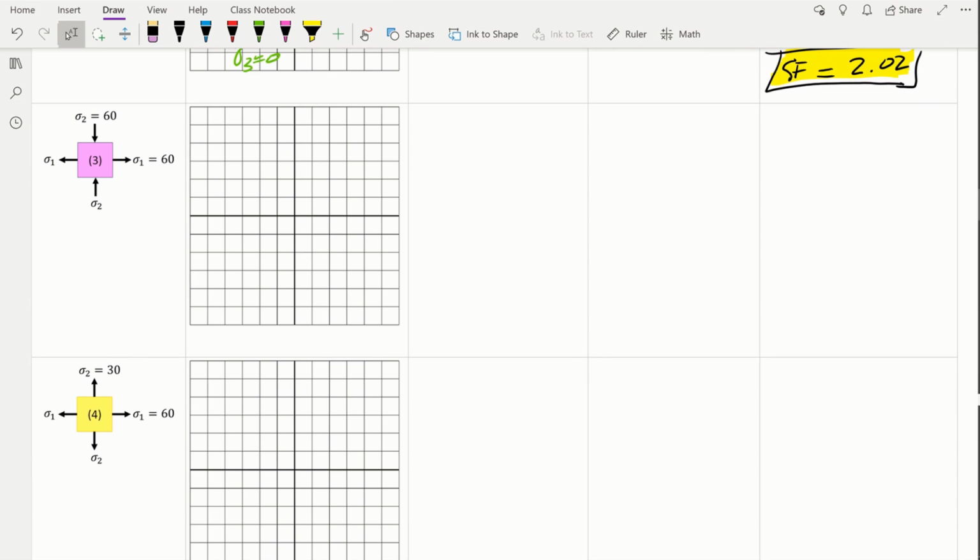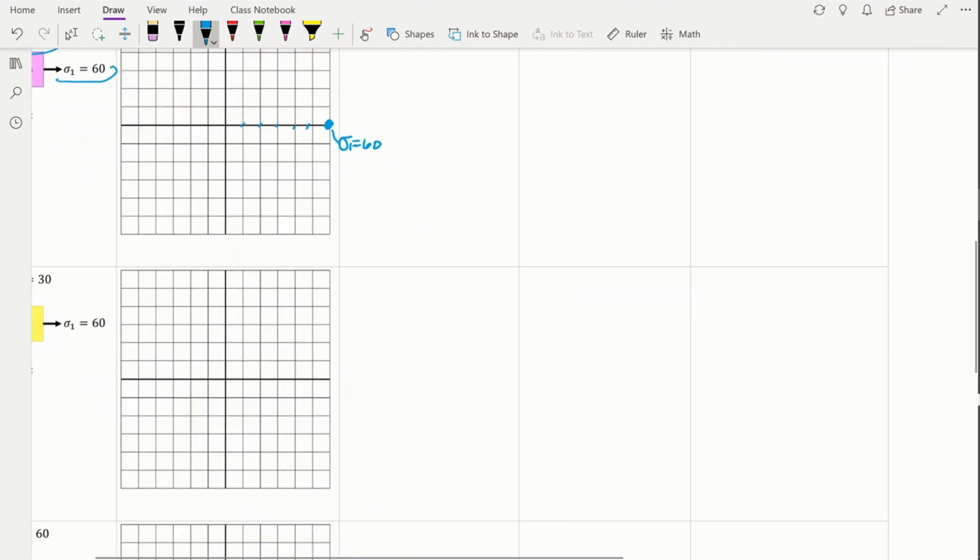What do we have over here? We have sigma 1 of positive 60, sigma 2 of negative 60. So let's go ahead and plot these points. Positive 60: 10, 20, 30, 40, 50, 60. This is sigma 1 of 60. Sigma 2 is compression, right?